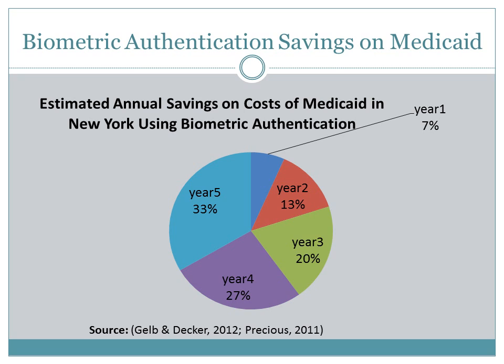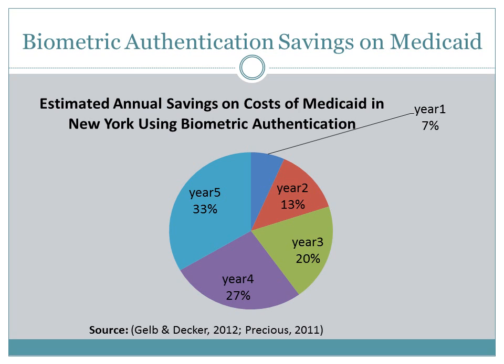This chart shows that biometric authentication technology, if used in New York State, will help save on Medicaid cost. It is estimated that if biometric authentication technology is applied, New York State will save $5 billion annually on Medicaid cost.